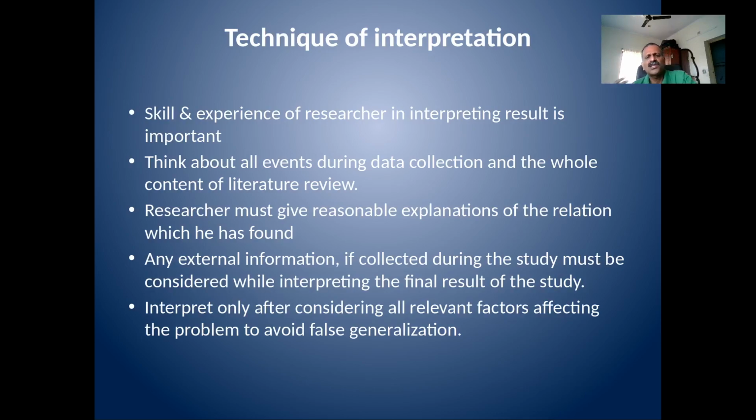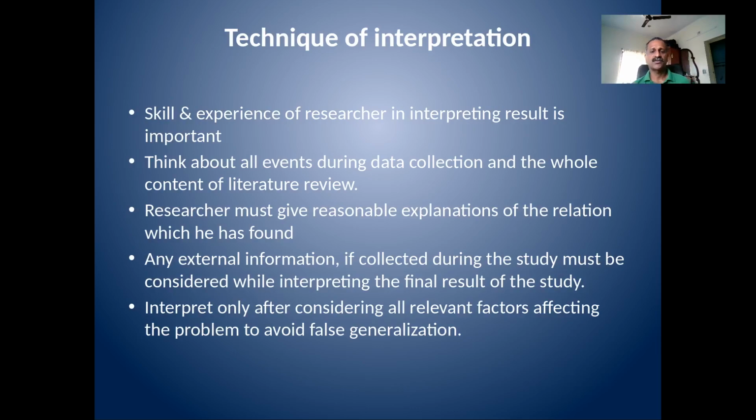Think about all the events during data collection. Sometimes the data is collected only once, but the emotions, why, where, how, all this might have been mentioned by the subjects. So why this variation, how it has occurred, and what is expected if the result is an unexpected one, how this has happened. So think about all the events during data collection.